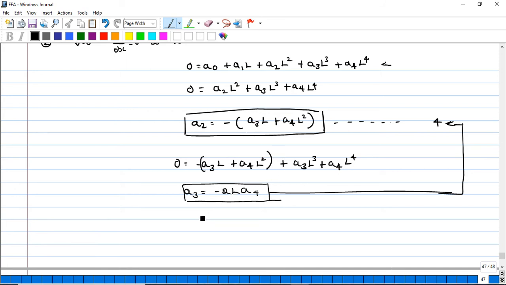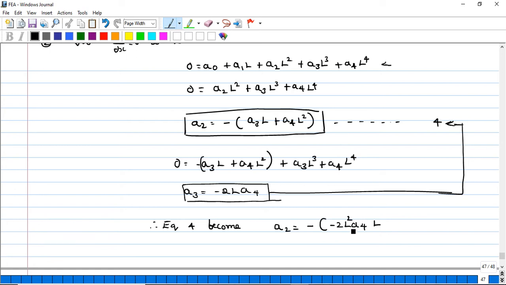Then equation 4 will become a2 is equal to, I need to substitute minus of a3 as minus of minus 2L a4. I have already L, so let me multiply L. That is L into L, it will become L square.